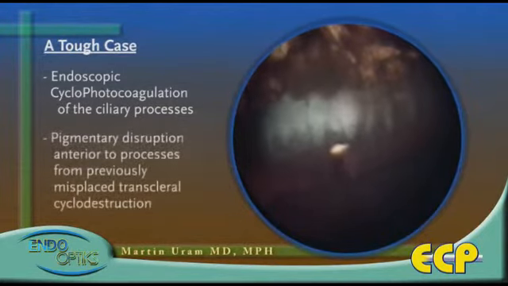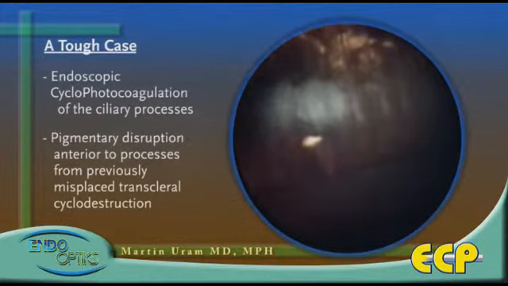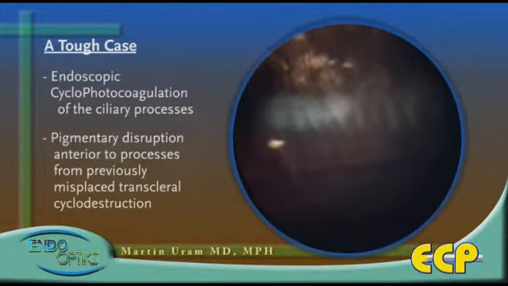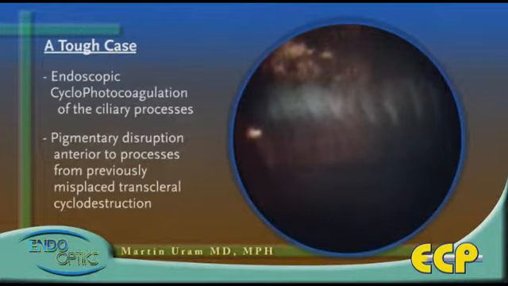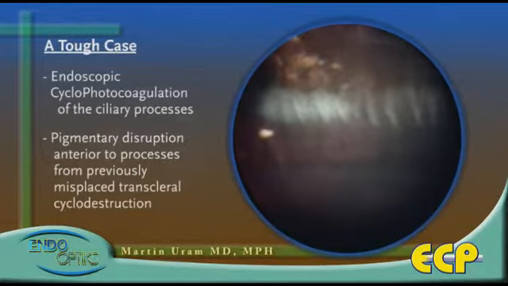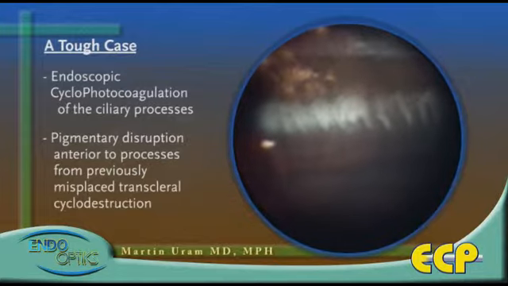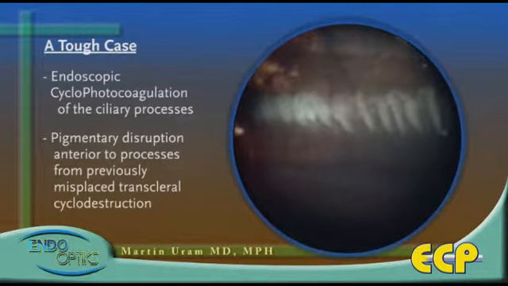So here we can see the ECP progressing nicely with whitening of the ciliary processes in a uniform fashion. The pigmentary disruption that is visible anterior to the processes is due to misplaced transscleral cyclodestruction done elsewhere.